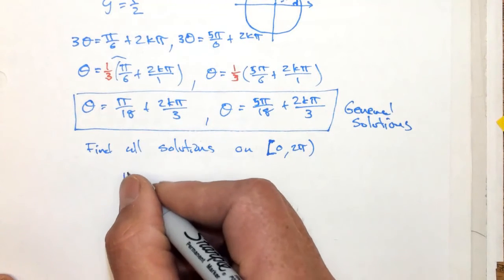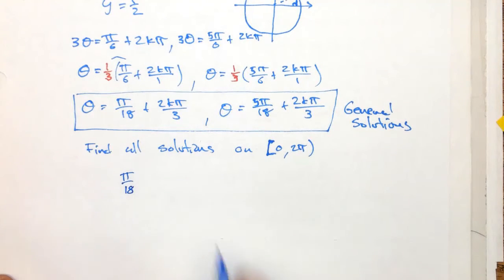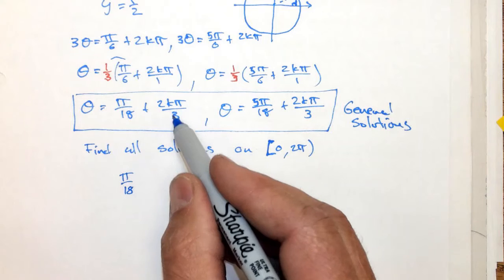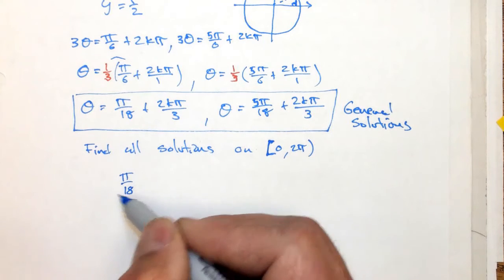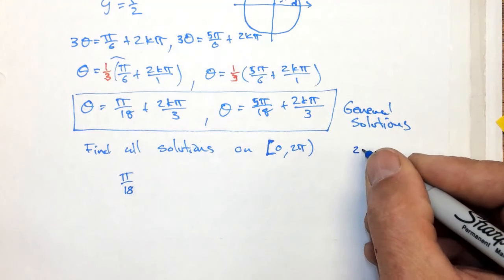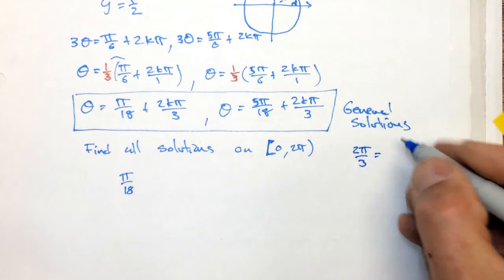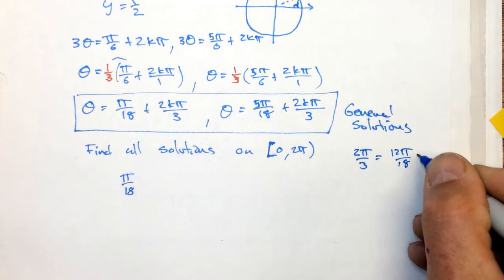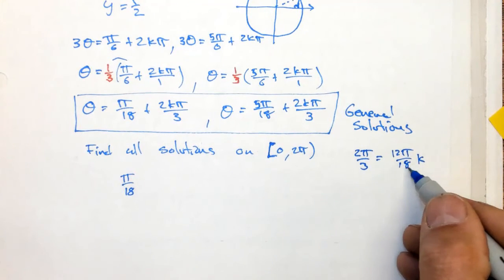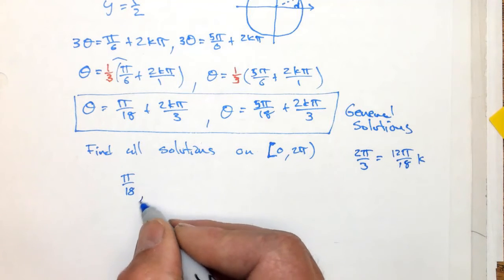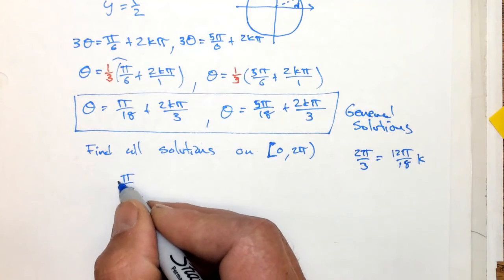So I'm going to start with pi over 18. Now I'm going to add 2k pi over 3 to that. But since the denominator is 18, I'm just going to say that 2 pi over 3 is the same as 12 pi over 18. So I'm going to add multiples of 12 pi over 18 to this. Generally, that means I'm going to add multiples of 12 to this 1.